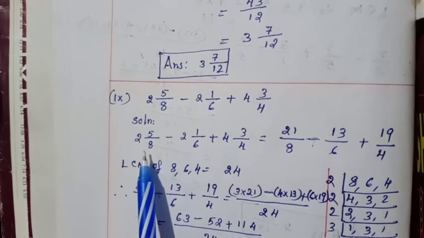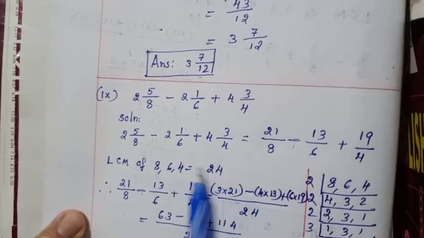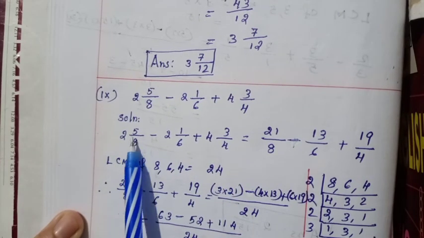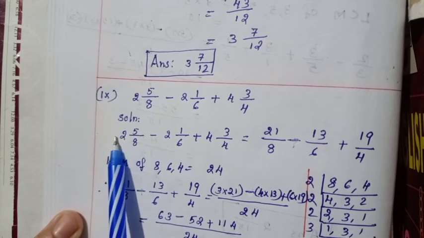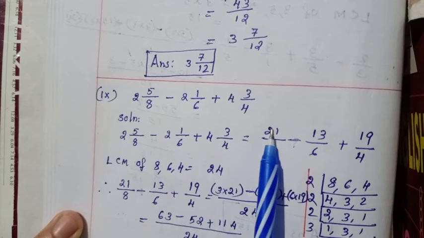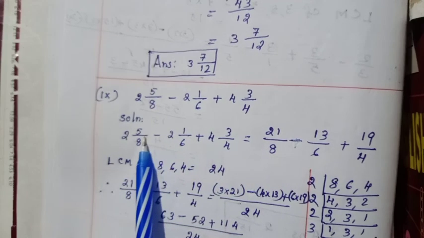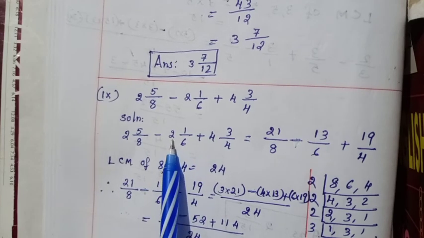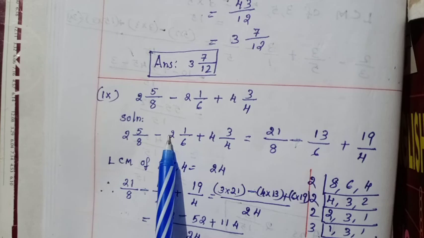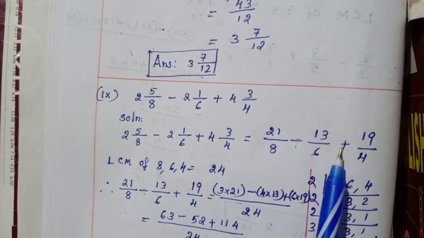Next, number 9: 2 5 by 8 minus 2 1 by 6 plus 4 3 by 4. First we have to convert these mixed fractions into improper fractions. The first one is 2 5 by 8: 8 into 2, 16, plus 5 is 21 by 8, minus the second number 2 1 by 6: 6 into 2 plus 1, 6 into 2 is 12, plus 1, 13 by 6. Then the plus sign is here.